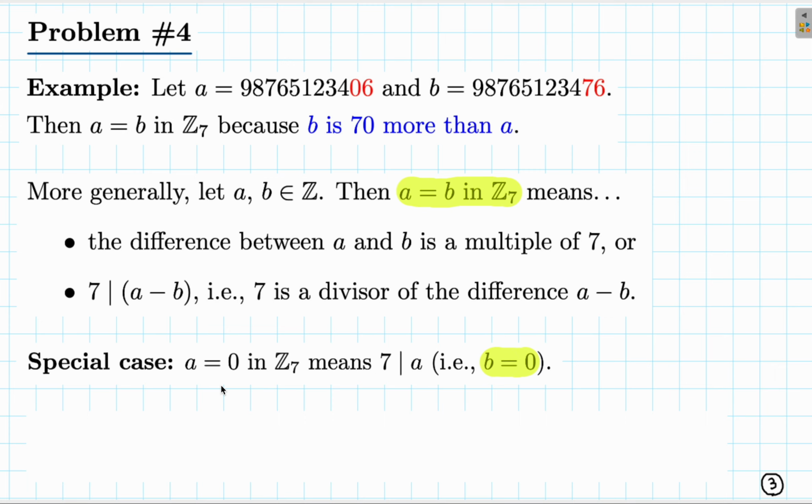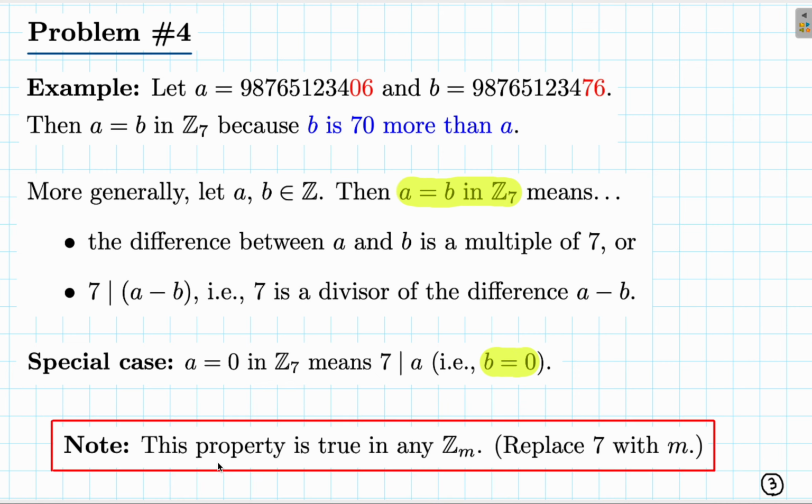Now, there is nothing special about 7 here at all. We could have said the same thing with Z9, Z12, Z15, and we would just replace 7 with 9, 12, 15, or any modulus for that matter. And so this property is true in any Zm just by replacing 7 with m.